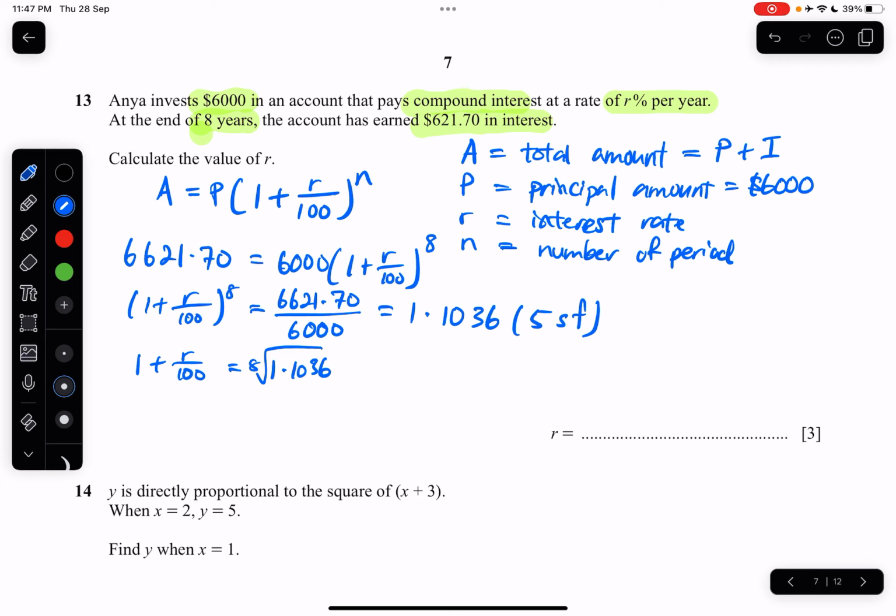The value over here will be 1.01235 SF, and this will be 1 plus R over 100.